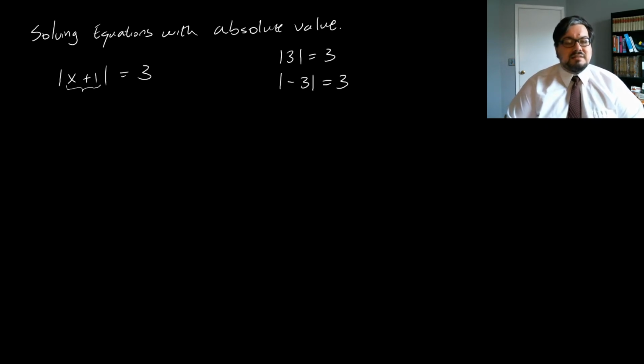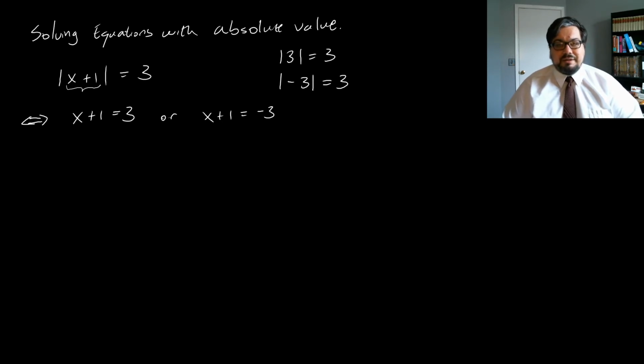So if x plus 1 has an absolute value equal to 3, this means one of two things must be true. Either x plus 1 actually did equal 3, or x plus 1 equaled -3. These are our two possibilities, because there are exactly two numbers whose absolute value is 3, and so x plus 1 has to be one of those.